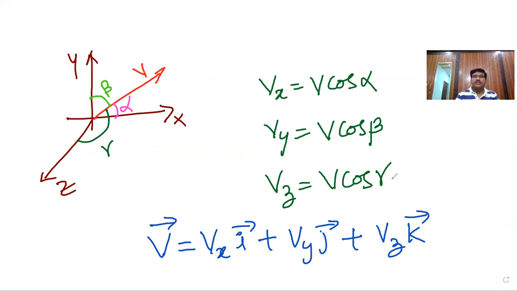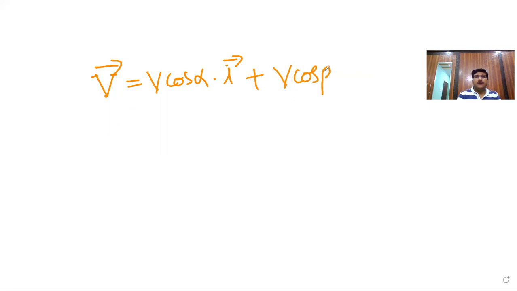If I substitute these in the above equation, the velocity vector becomes V cos alpha i bar plus V cos beta j bar plus V cos gamma k bar. This is the representation of the vector.